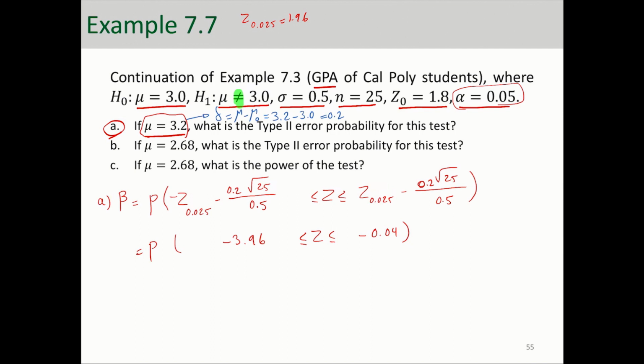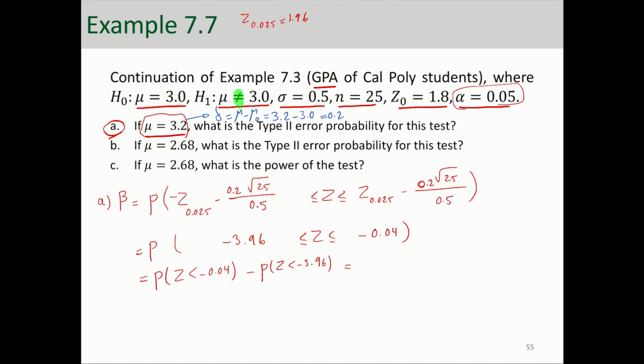How do we calculate that? You remember from before, we need to split that into two cumulative probabilities: probability of z less than negative 0.04 minus probability of z less than negative 3.96. And then these two probabilities need to be read from the table.